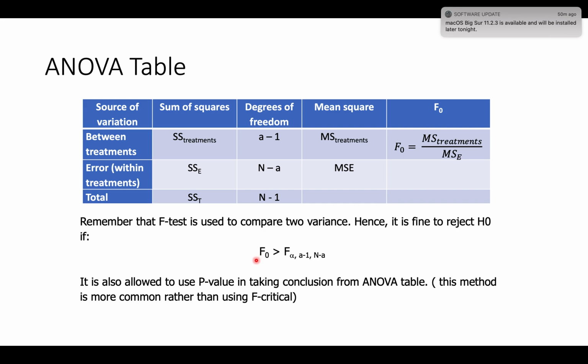If the calculated F is more than the critical F, we can conclude that it is fine to reject the null hypothesis. The null hypothesis in ANOVA is treatment 1 equals treatment 2 equals treatment 3 equals treatment A. So the null hypothesis basically states that there is no significant effect from the treatment.